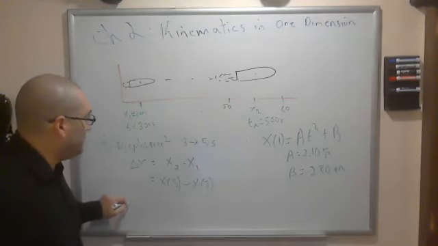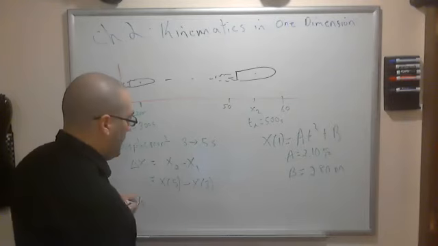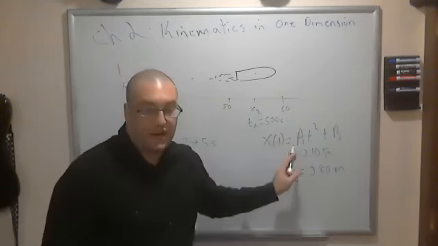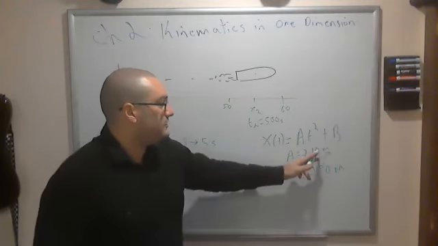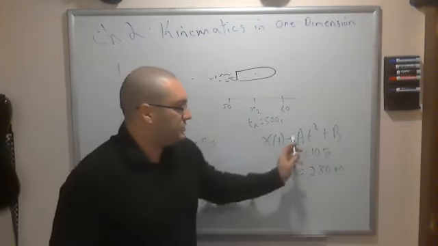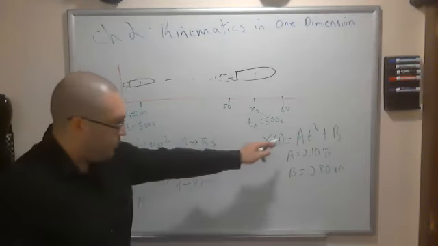And now we plug it in. I'm not going to plug in these numbers, I'm just going to write A. A and B are just constants, and the only thing that changes is time, right? Just think of these as numbers, and it's easier to write one letter than 3 numbers.